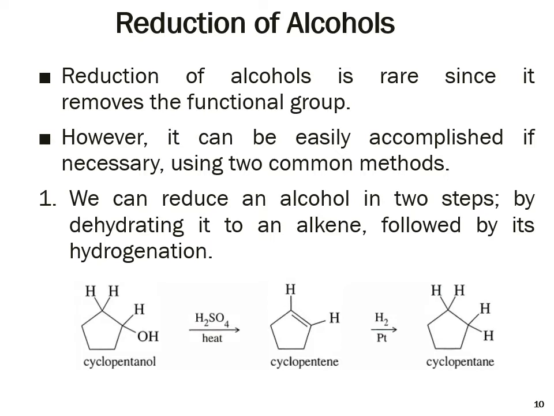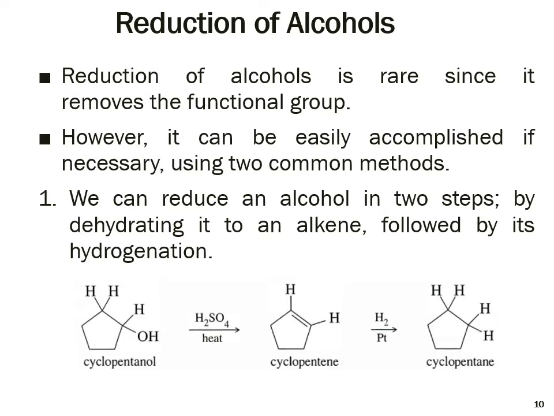This is a very common reaction you would have studied in the fundamentals of organic chemistry: with sulfuric acid, the OH can be protonated and it will leave along with a hydrogen from a vicinal carbon atom. So a water molecule will leave and you will get an alkene.